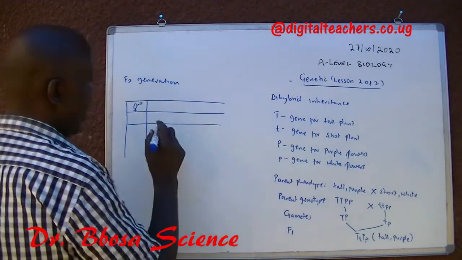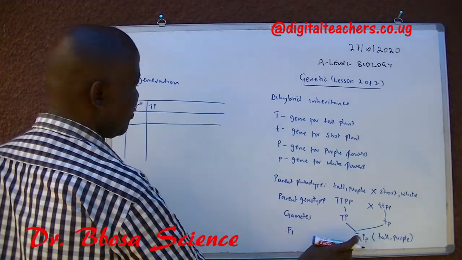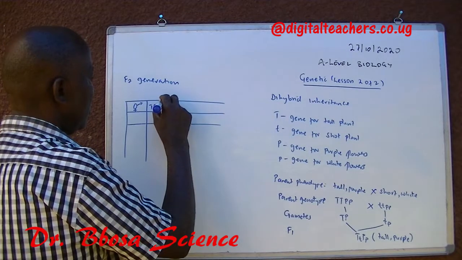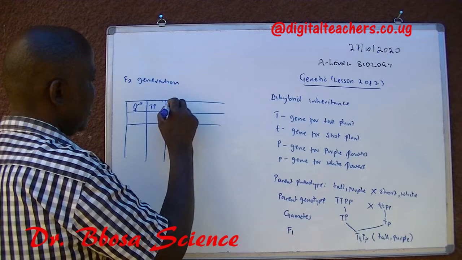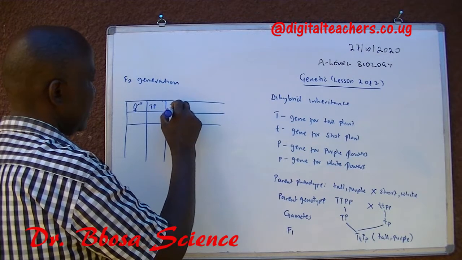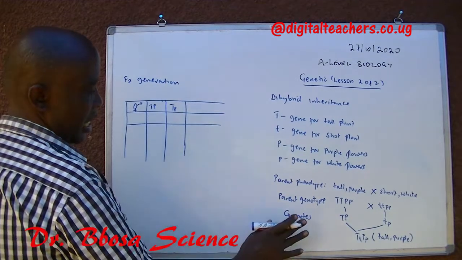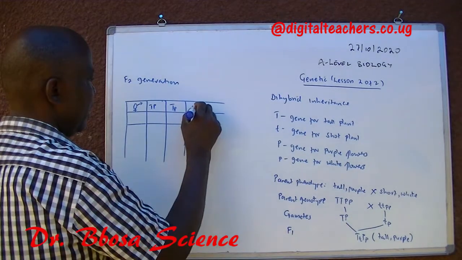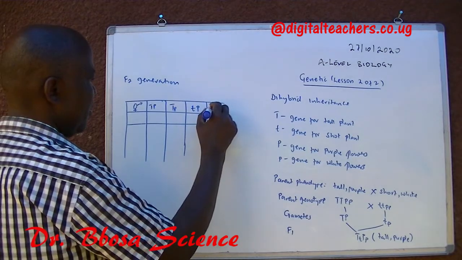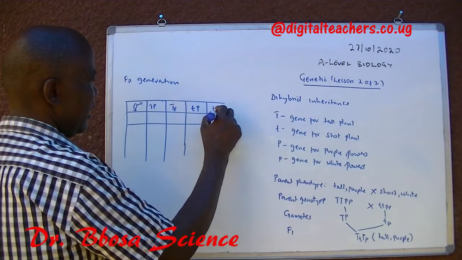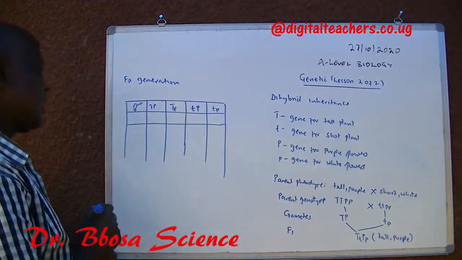Then one parent will have a gamete for capital T, capital P, or a gamete for capital T, small p, or a gamete small t, capital P, and a gamete for small t, small p. So one parent will produce 4 gametes.